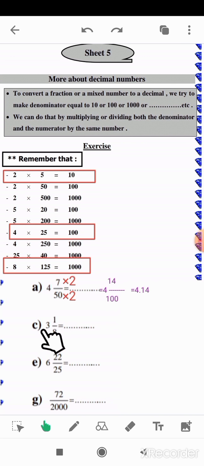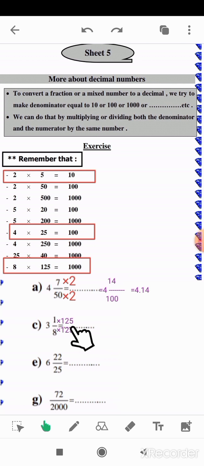I have 3 and 1 over 8. So I find 8 in the denominator. If I find 8, I will multiply by 125 in the denominator and numerator.